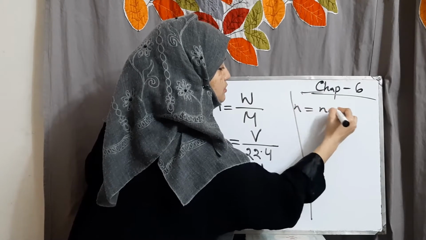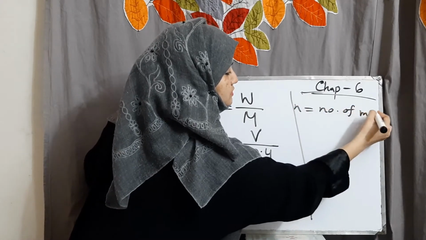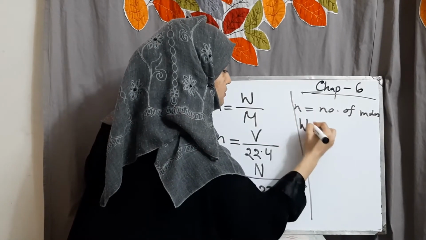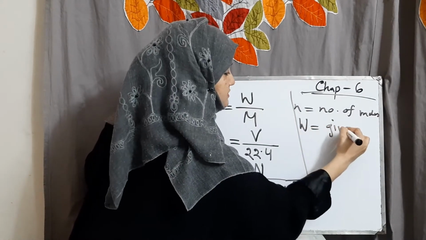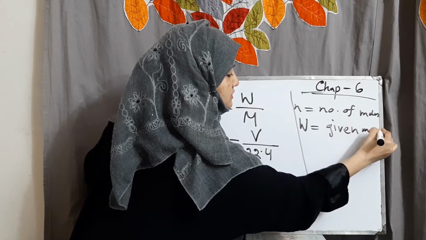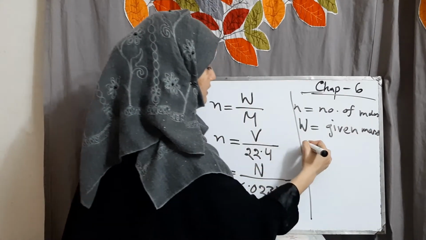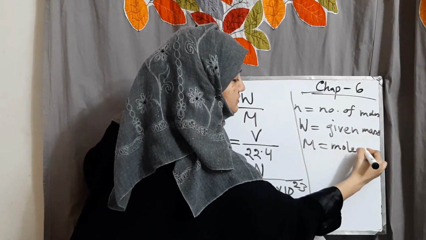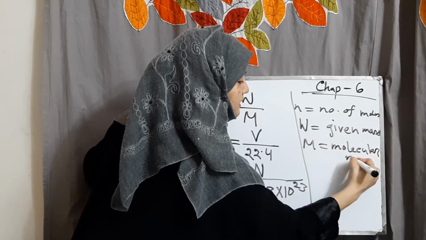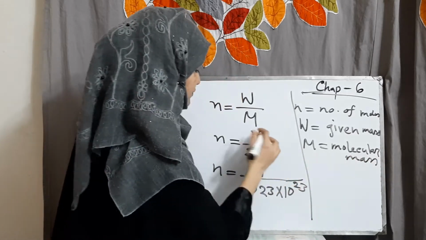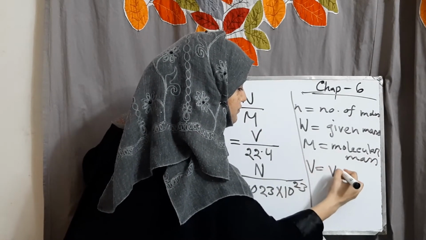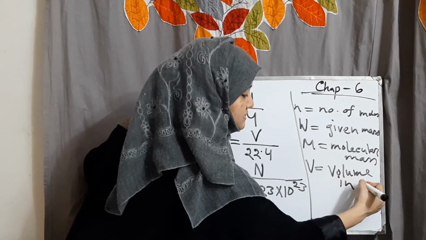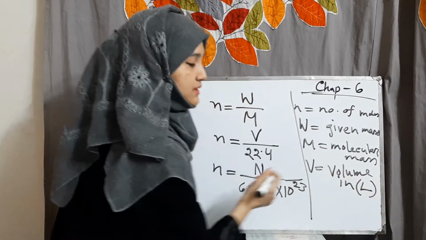Here n is equal to number of moles, and W is equal to given mass. M is equal to molecular mass, and V is equal to volume in liter. This is very important, you have to remember that.